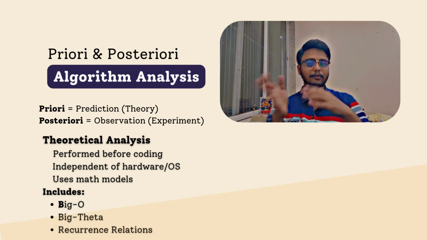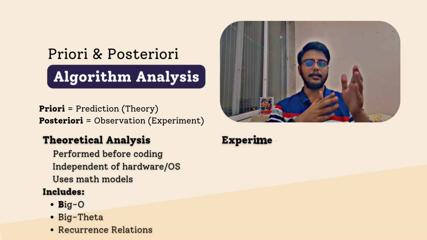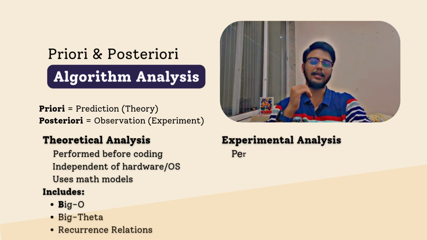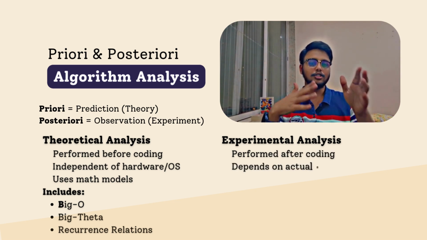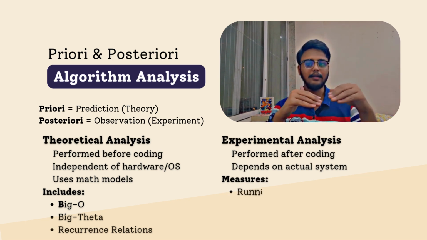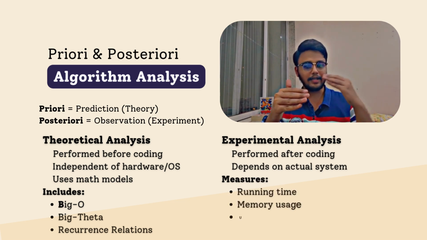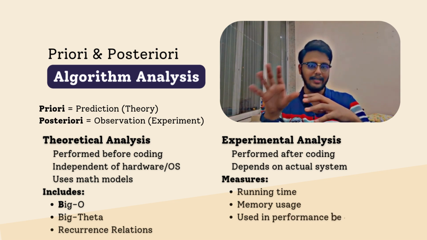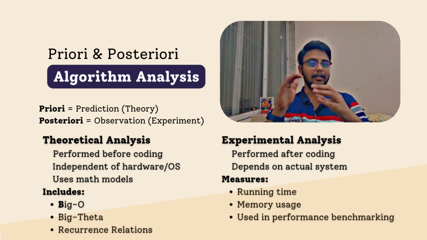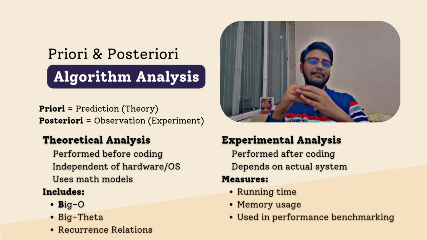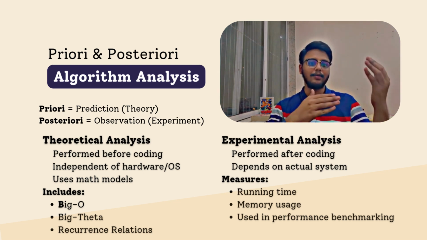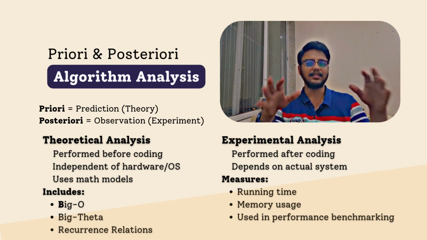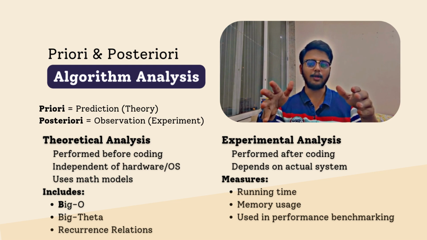Moving from priori, the posteriori analysis, also known as empirical analysis, is done after the code is implemented. The code is first of all run on real machines, then the actual execution time is taken, and it is checked how it is affecting the CPU, RAM, OS, the compiler optimization, and all these things are checked, and a benchmark system is formulated.